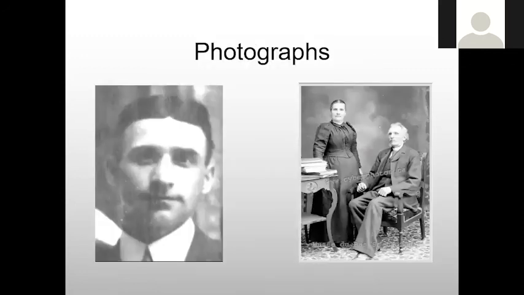We spoke about photographs earlier. Do you have any photographs, and can you identify the people that are in them? The photograph on the left is my grandfather, and it was taken on his marriage. The photograph on the right, I actually found on the internet, and it happens to be one of my grandfather's sisters.